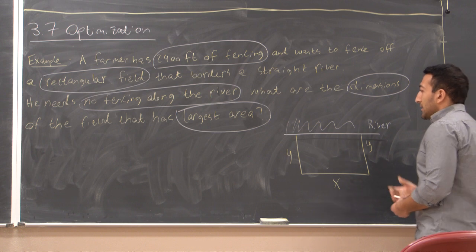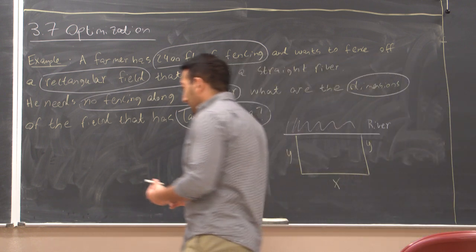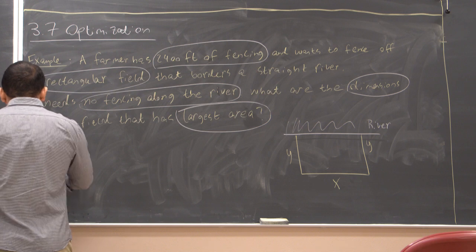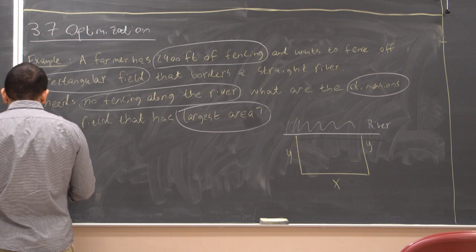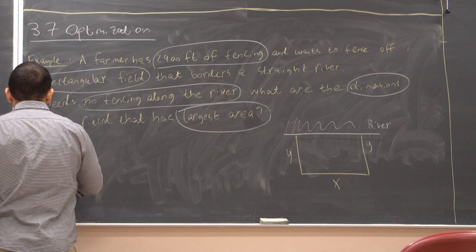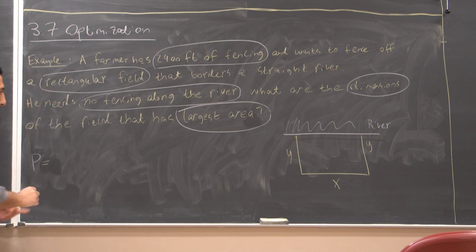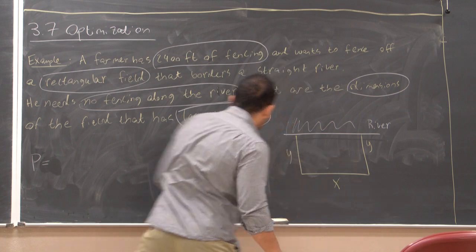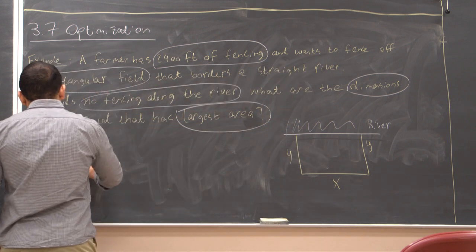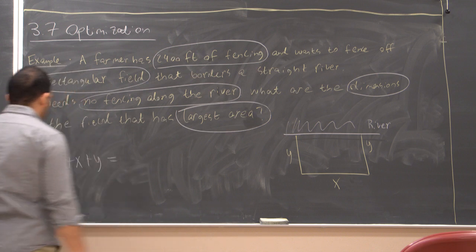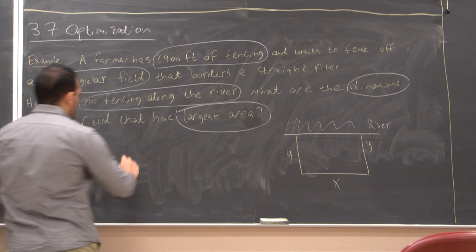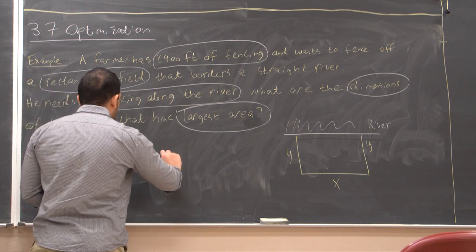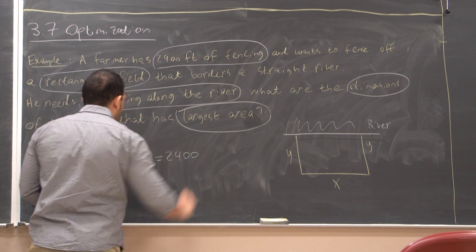So the first thing that this problem is telling us is that the perimeter, which is, in this case, Y plus X plus Y, if you add all these up, which, if you simplify, is 2Y plus X, is going to be equal to 2,400.